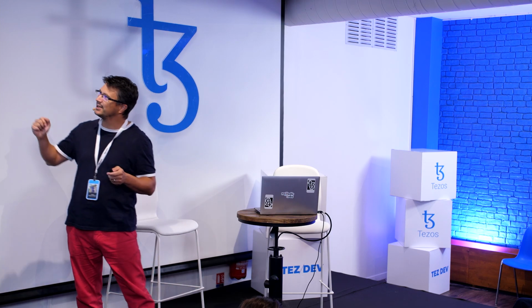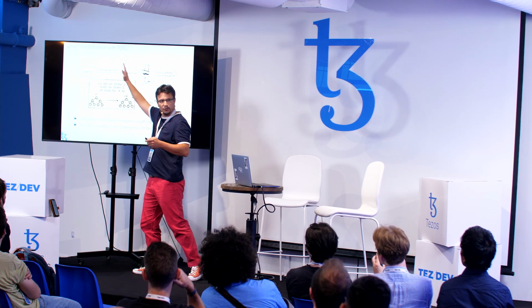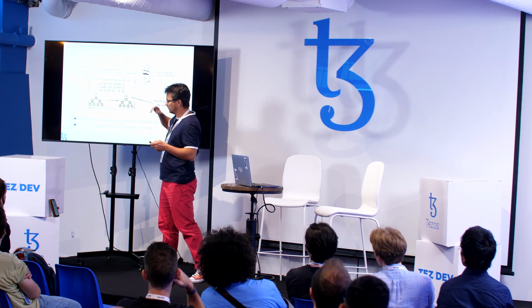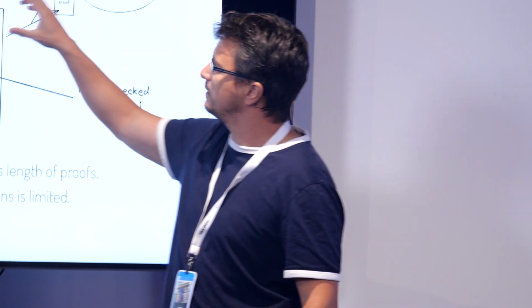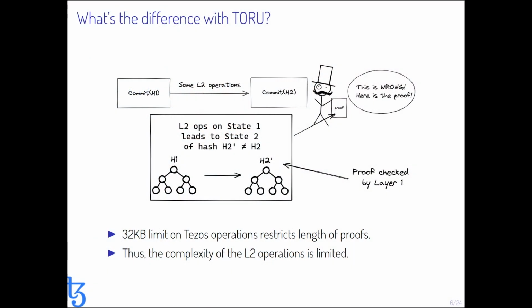Okay. So in the case of TORU, when you have a commitment on which you agree and another one on which you disagree, as someone that wants the rollup to be valid, what you can do is to look at all the L2 operations that you have here and construct a proof, okay, that will pass in a L1 operation and say, here is a proof that this commitment is wrong.